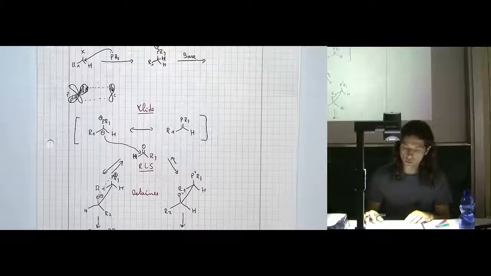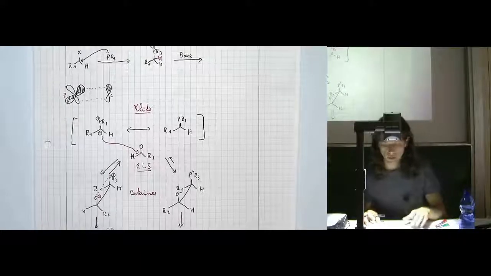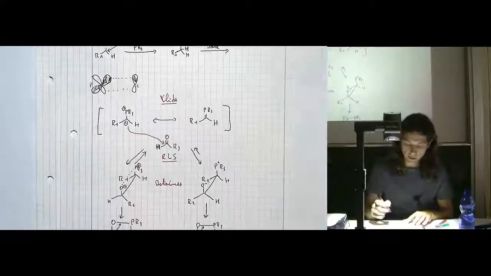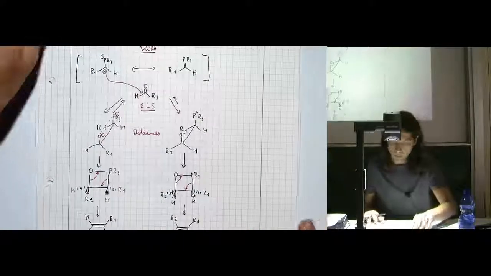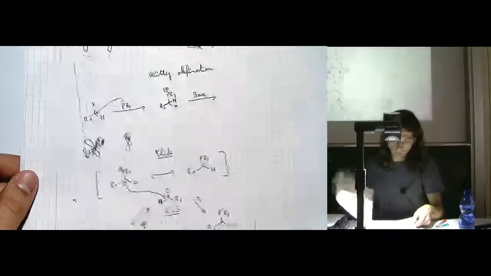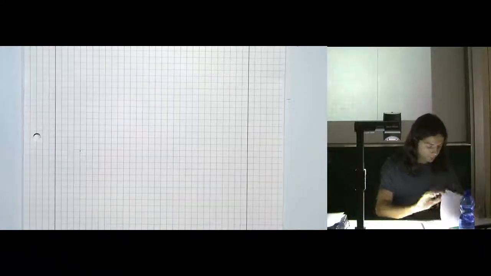Also, what I would like to show you is more concretely the influence of these two different groups, because there is a table in the slide that you can find in the PowerPoint.